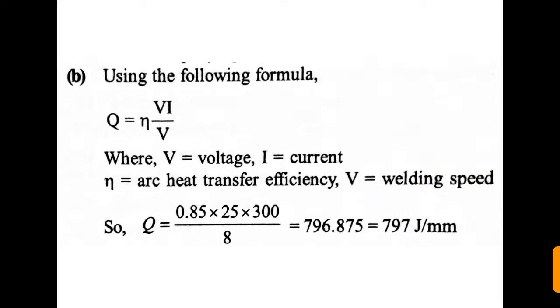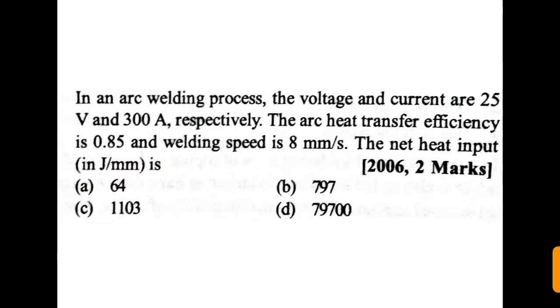Now we put in the values of voltage, current, efficiency and welding speed so that we can calculate the value of Q as 797 joule per mm. So that's how we can solve these questions. Remember this formula and please note it down in your copy, because it can be helpful in calculating the heat input in joule per mm.